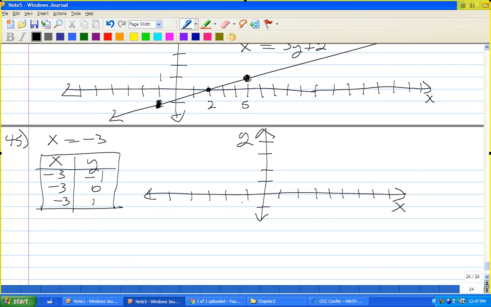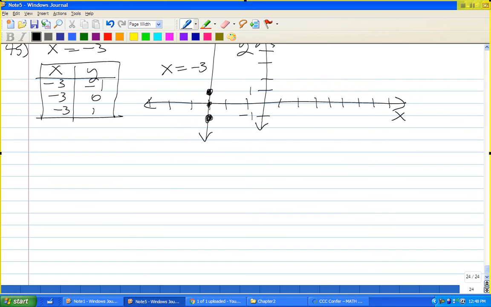At -3, we're at -1, at 0, and at 1. If you sketch the line going through these points, we have a nice vertical line. So this is the graph of x equaling -3.